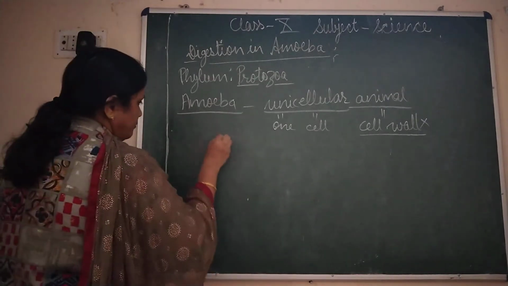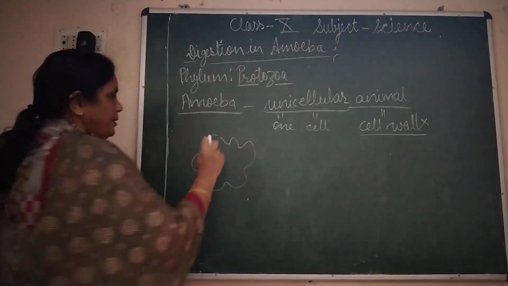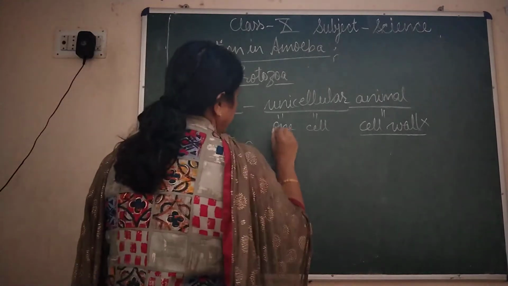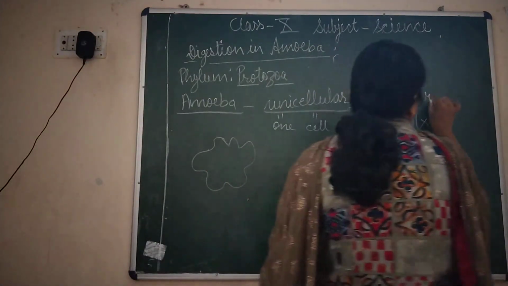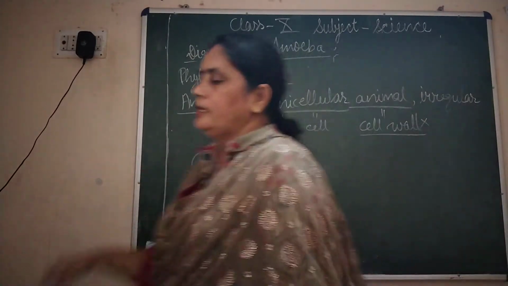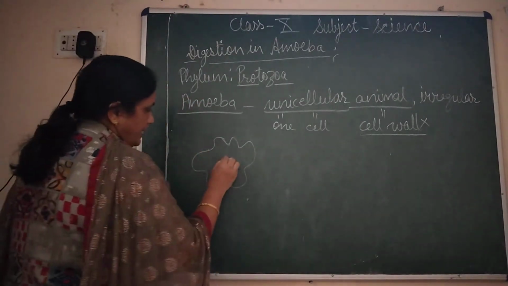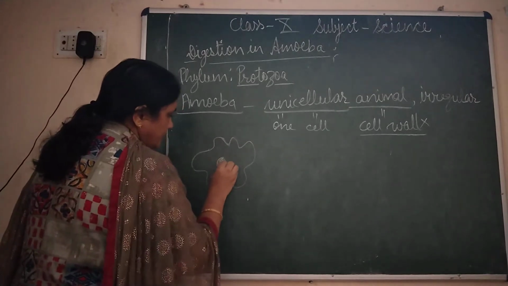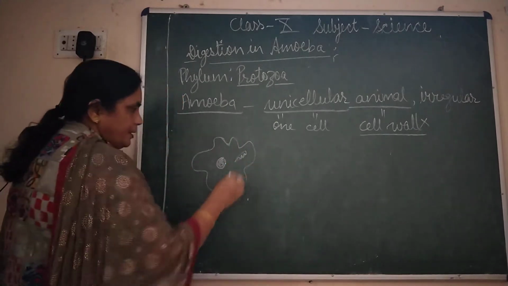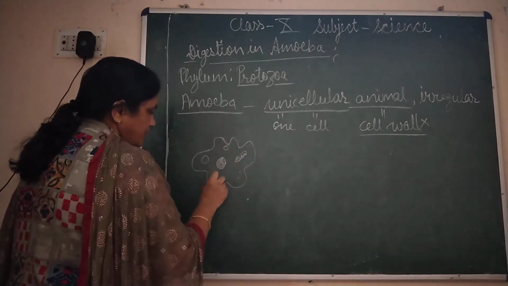Now let us see what type of structure it has. Amoeba does not have any specific structure. It is irregular in shape, not any specific kind of shape. Like any other cell, it has all the things in it. There is a nucleus, then there is mitochondria, lysosome, ribosome, many things.